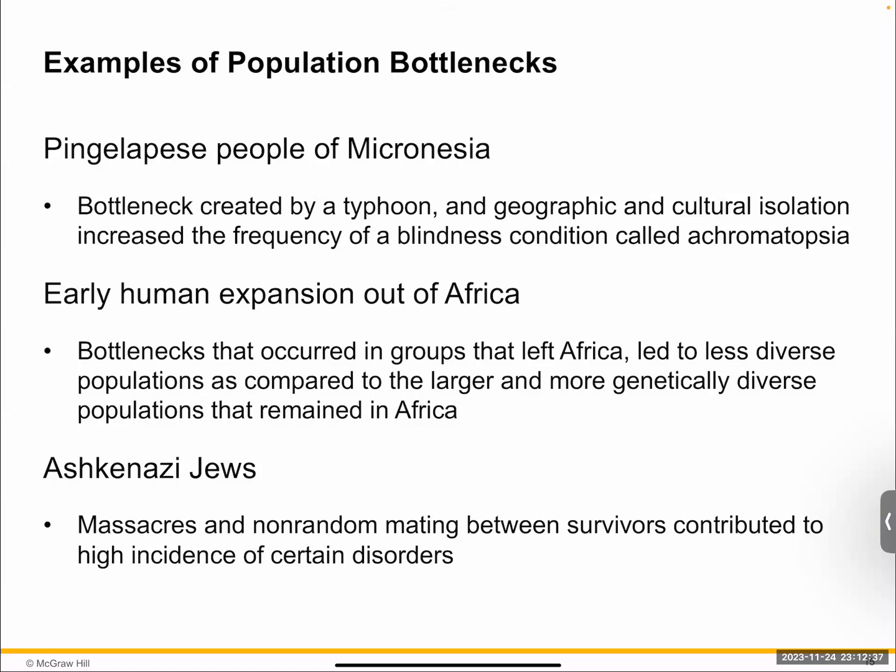Now, this population, because of the alleles that were selected as a result of this natural disaster, is much more susceptible to blindness and a condition called achromatopsia, which is a very specific form of color blindness. So they're either born blind or have very limited capacity to distinguish between colors.